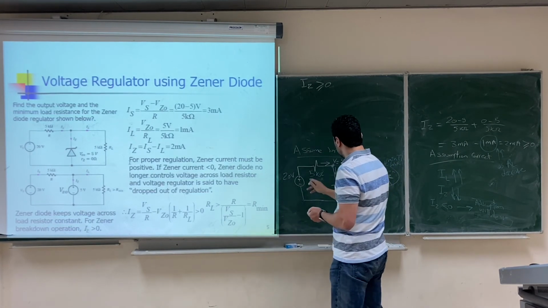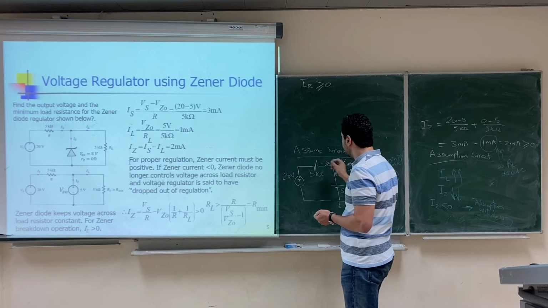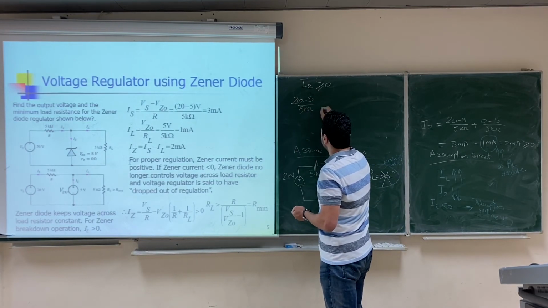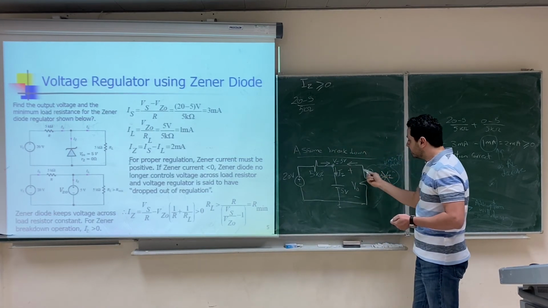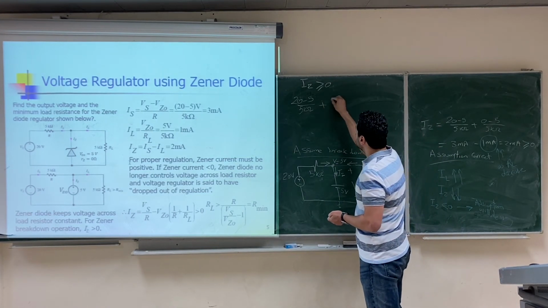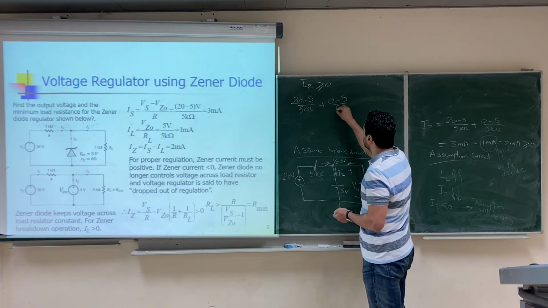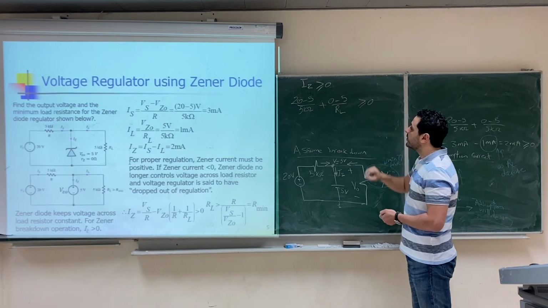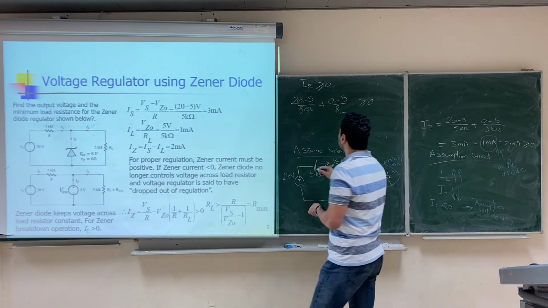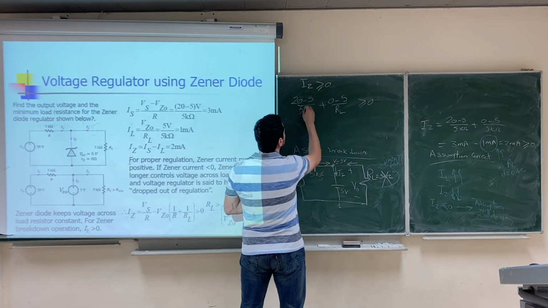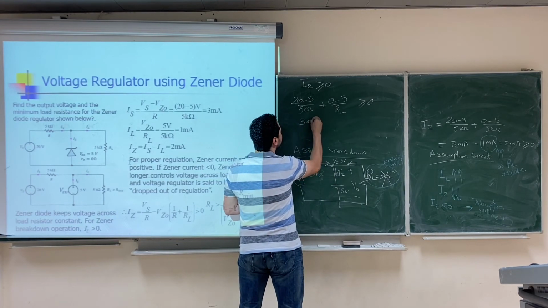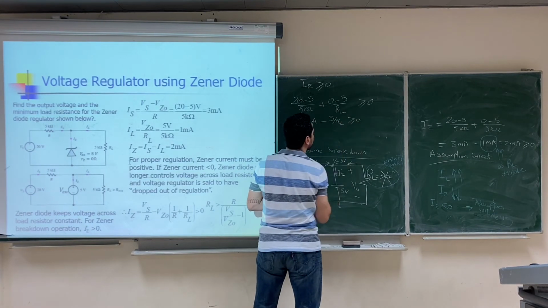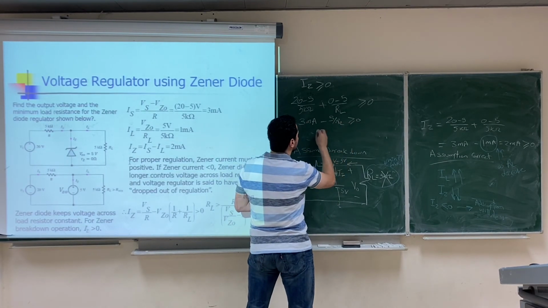So I Zener equals what? I Zener equals the current here plus the current here. So it's equal to 20 minus 5 over 5 kilo ohm plus the current coming from the load here, which is 0 minus 5 over R load. Right? This must be greater than or equal to 0. From here, this is 3 milliampere minus 5 over R load must be greater than or equal to 0. We can take this to the other side.